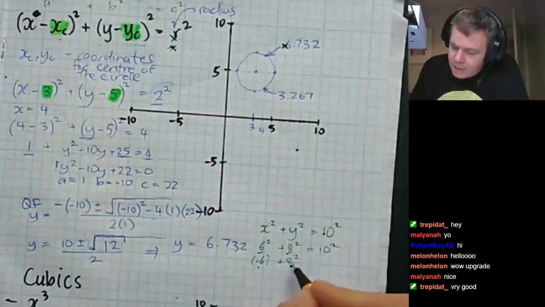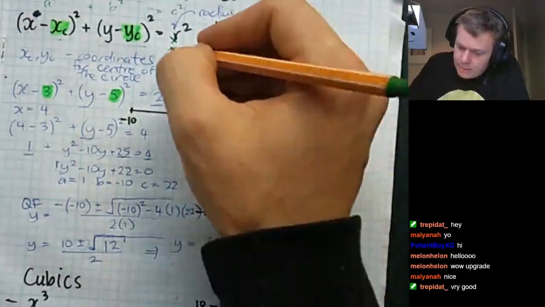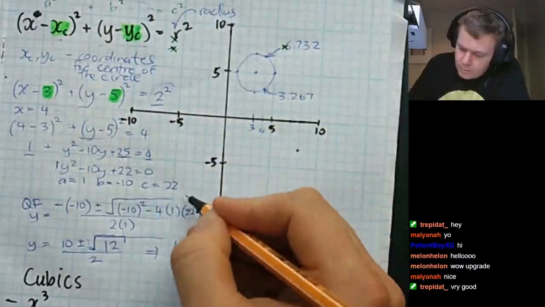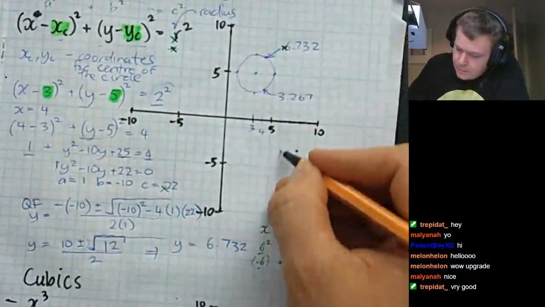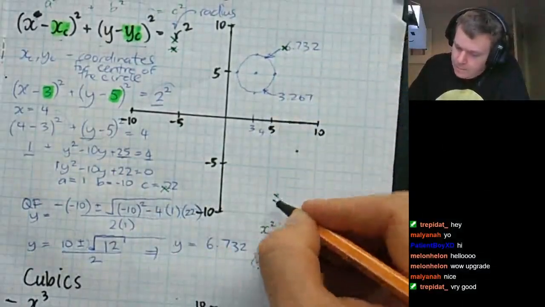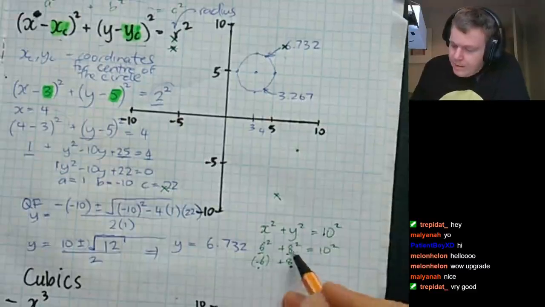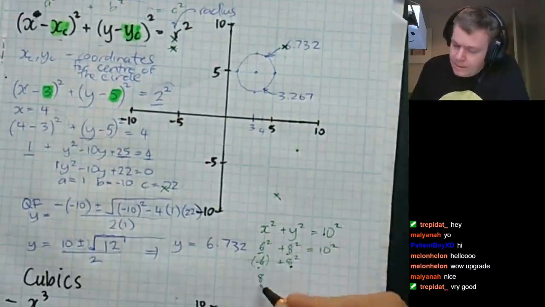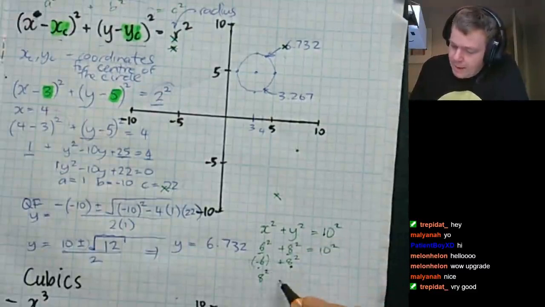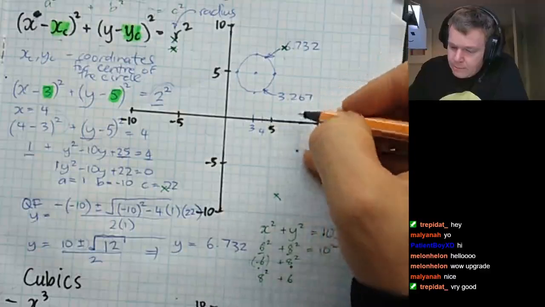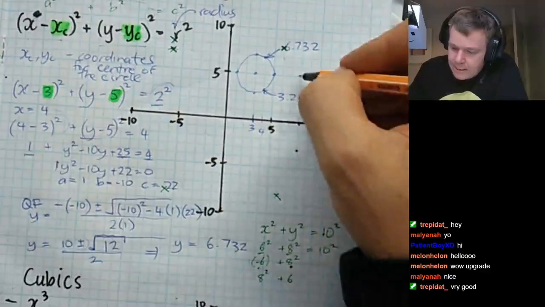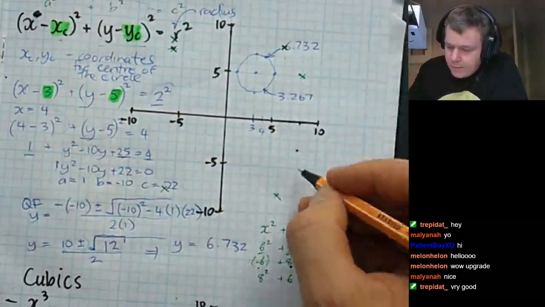And then the 8 could also be a negative 8, so we're going to get another set of points down here and here. And actually these numbers could be swapped around. We could have x is the 8 and y is the 6. So x is 8, y is 6.